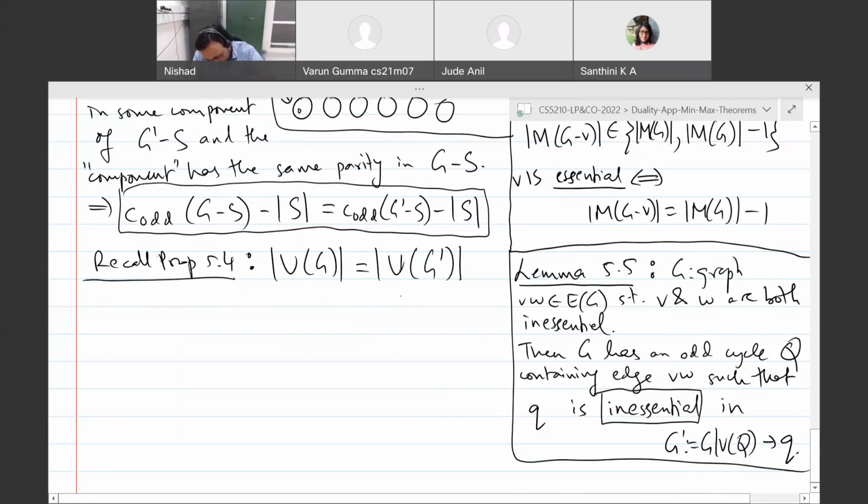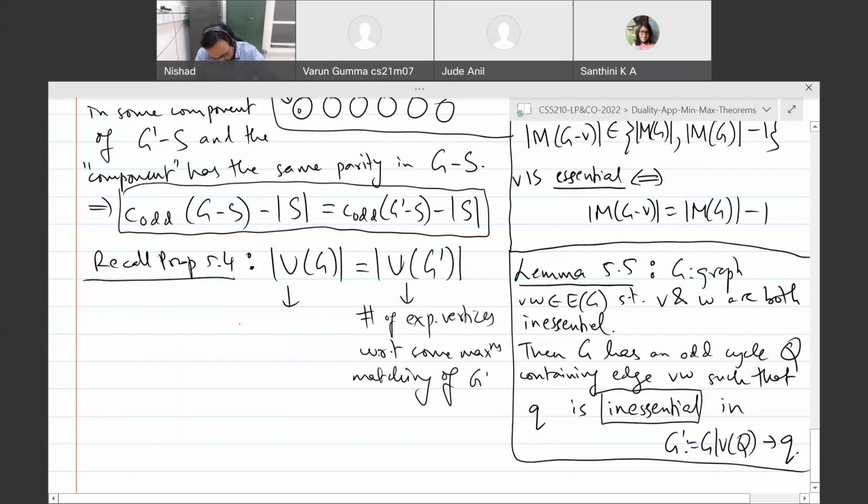Maybe let's just say the number of exposed vertices with respect to some maximum matching of G prime. And here we are looking at the same quantity with respect to some maximum matching of G. This is the reason our maximum matching algorithm or our perfect matching algorithm worked, right?